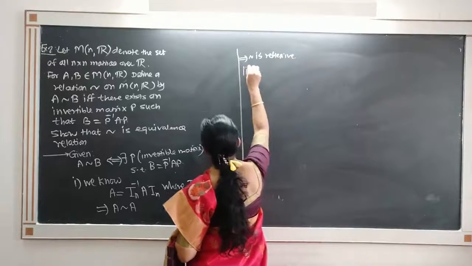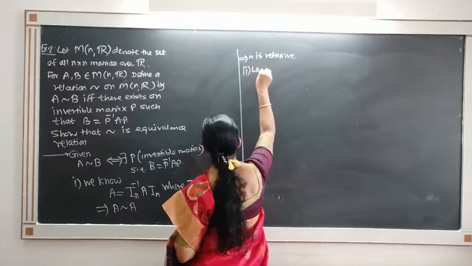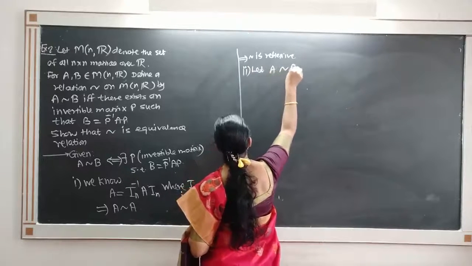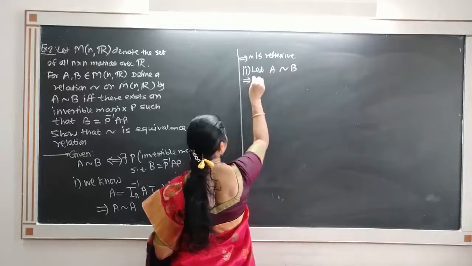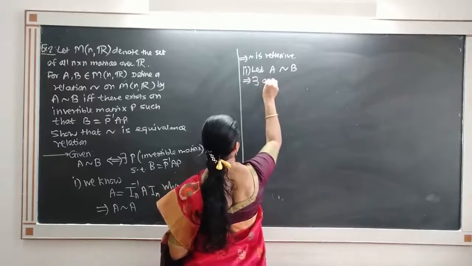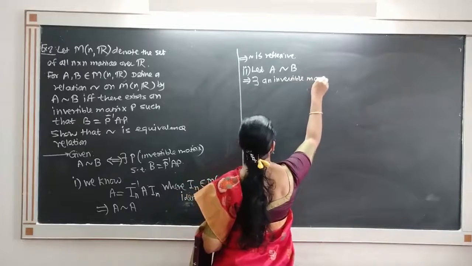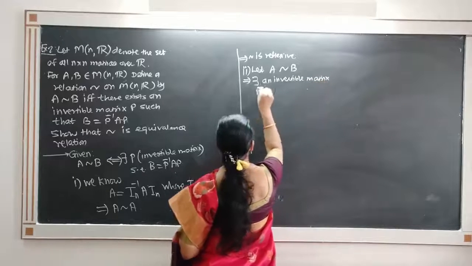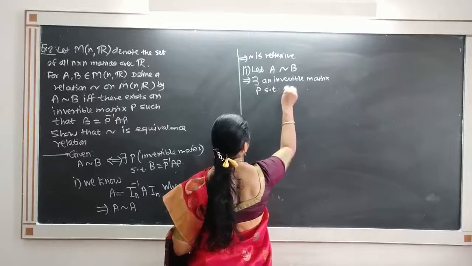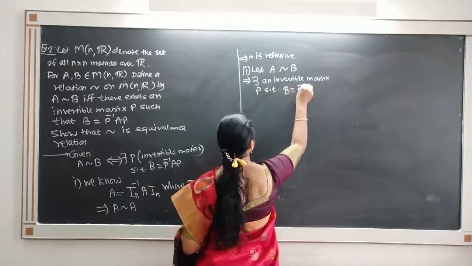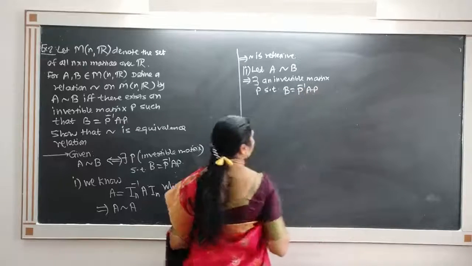Now consider the second. We want to check whether it is symmetric. So start with A is related to B. This implies that there exists an invertible matrix P such that B is equal to P inverse AP.